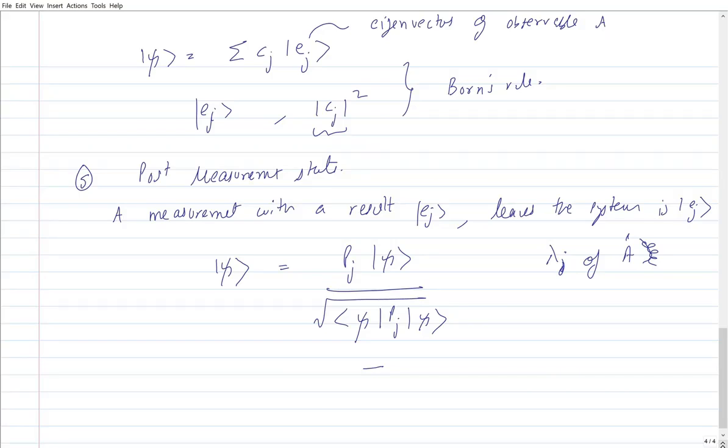And what about the dynamics? Well, the time evolution is governed by something called Schrodinger's equation, where H is the system Hamiltonian.